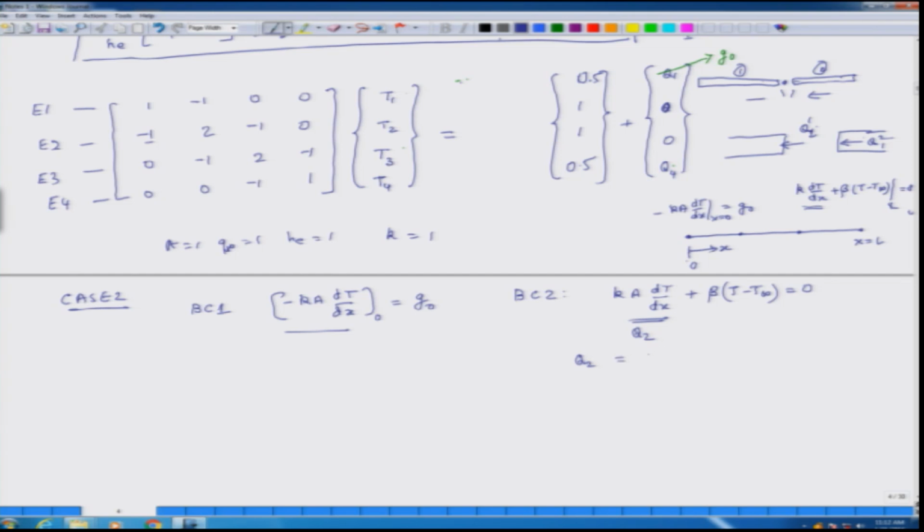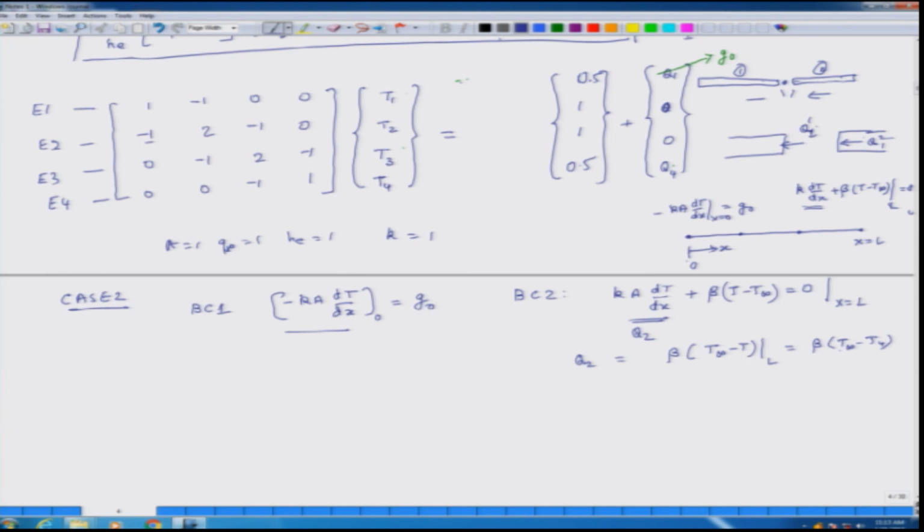Equals minus beta, or I can express it as beta times T infinity minus T, and this is at x is equal to L, where it is beta times T infinity minus T4, because at x is equal to L, temperature is T4. Okay.